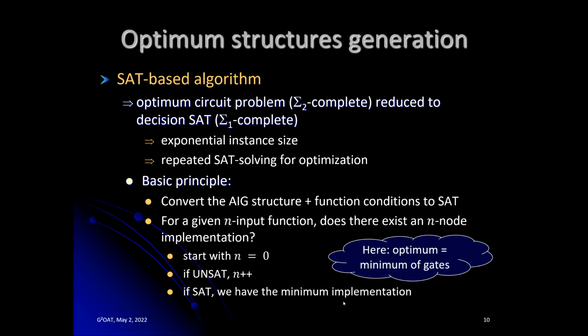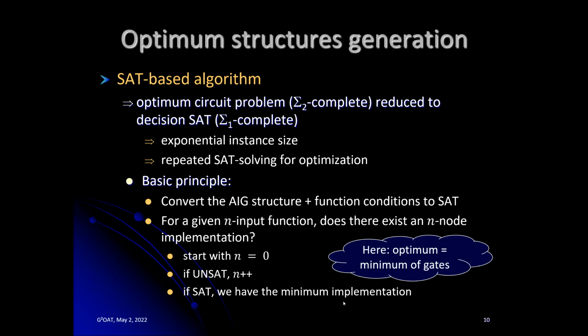So given an input function, does there exist an... it's probably wrong. Actually, sorry, it should be m here. So for an m input function, does there exist an n node implementation? So we start with n equal to 0.